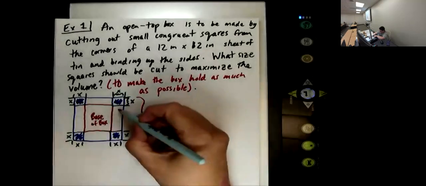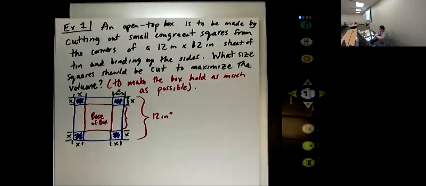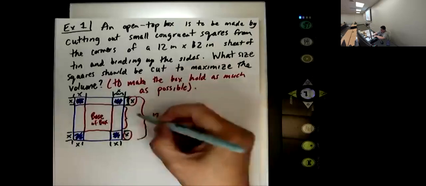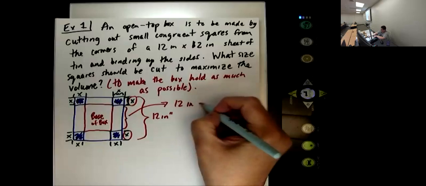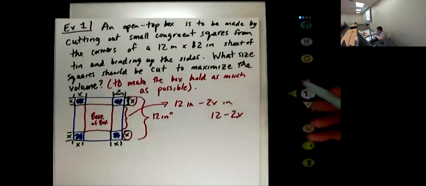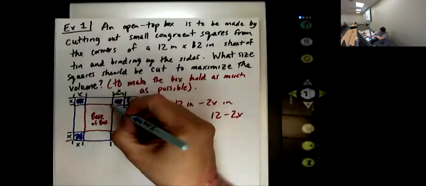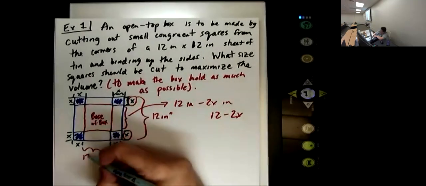What does that leave for this part right here? Twelve minus 2x, right? We cut out an x up here, we cut out an x up here. This should be 12 inches minus 2x inches, or 12 minus 2x. And it's a square, so it should be the same right here too. That should be 12 minus 2x.